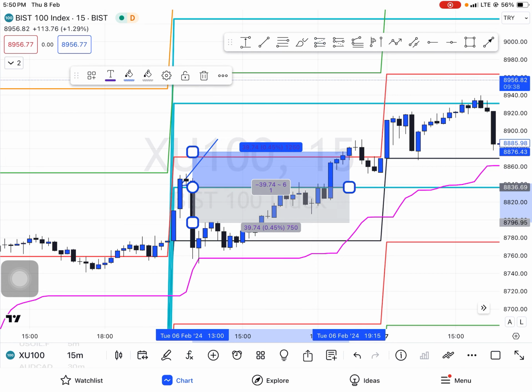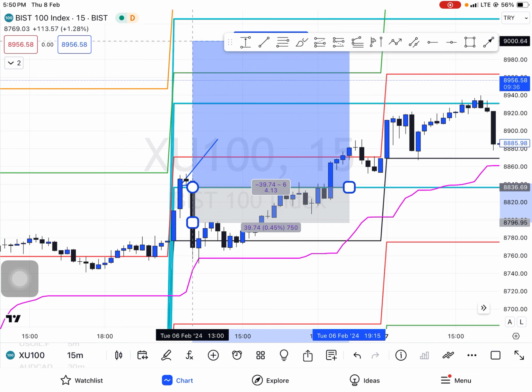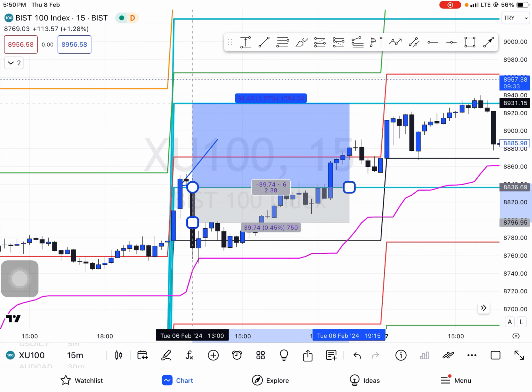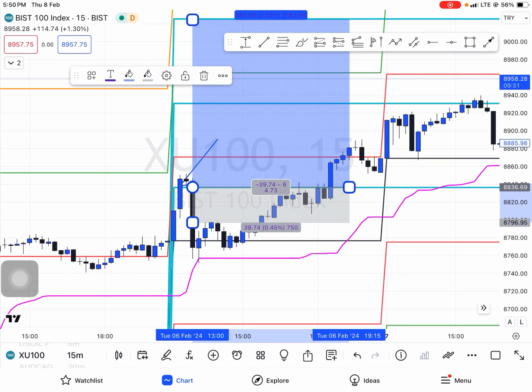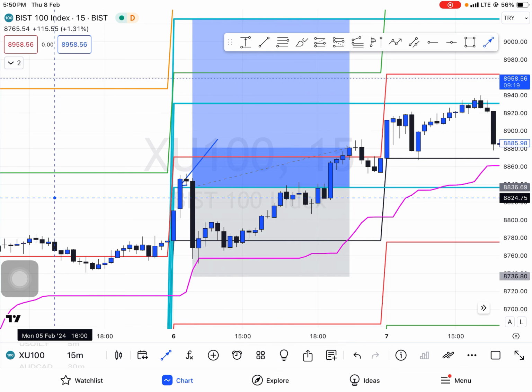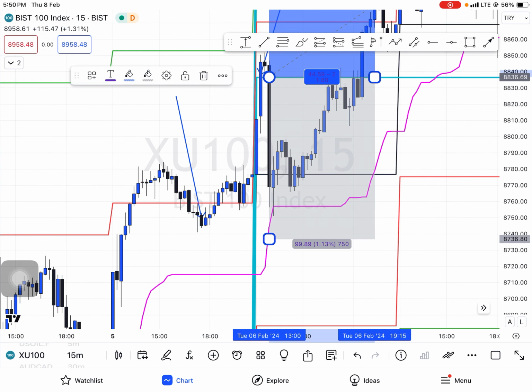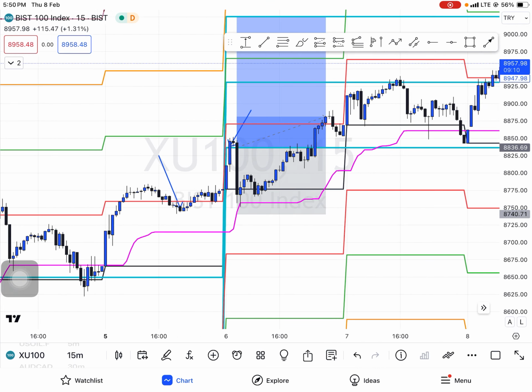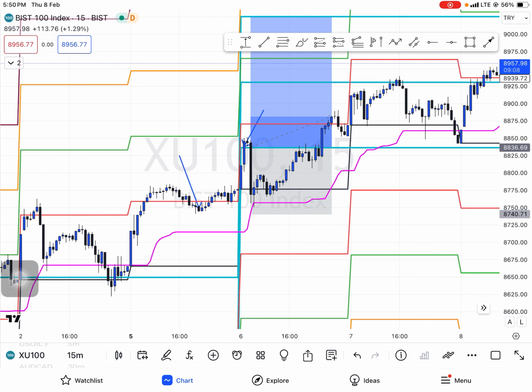So here, when the price came back to the blue line, our target will be the second and then the third blue level. The third blue level is our target, and the stop loss will be placed near the previous swing low. As you can see, the previous swing low was over here. So our stops will be placed near the bottom of this previous swing low, or below the purple colored line.